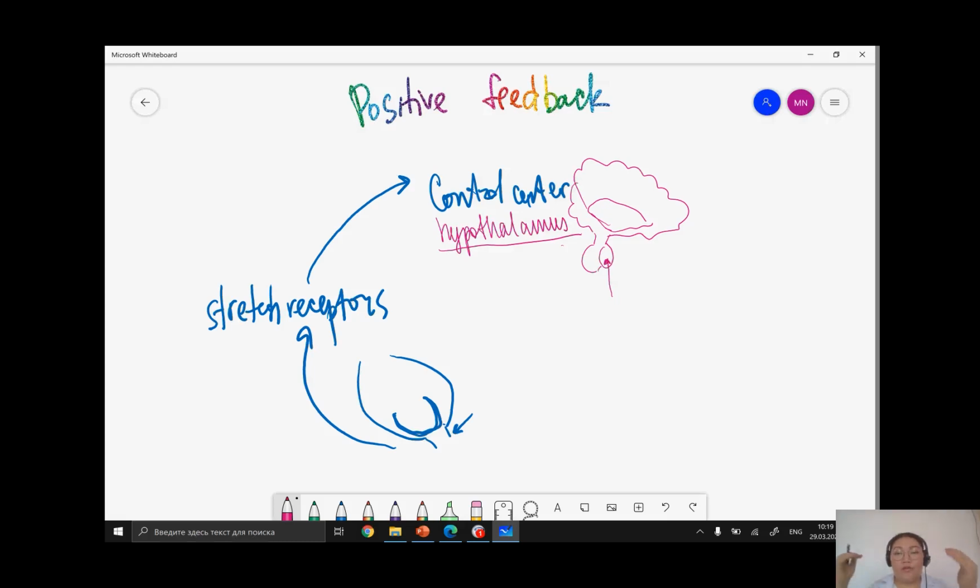Through these nerve axons, these nerve fibers, by the action of the stretch receptors, the signal is sent and the hormone is released, which we call oxytocin. Oxytocin has several effects, and one of them is stimulating smooth muscle contraction.